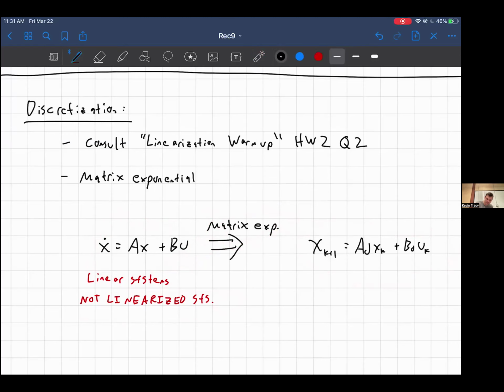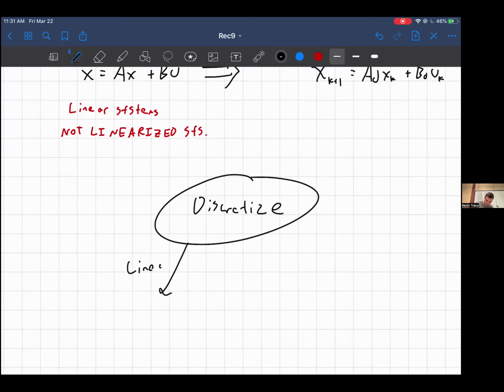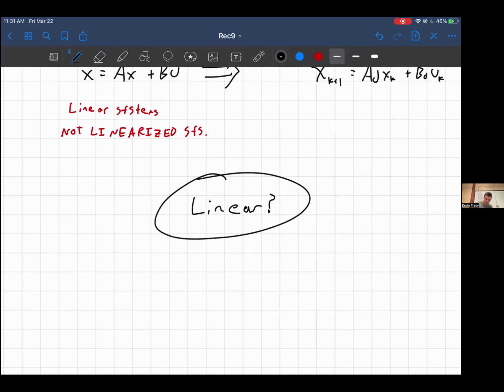Instead, here's a discretization flow chart. How do we discretize nonlinear systems, or systems in general? Is the problem linear? If the answer is yes, then, actually, I will be a little more specific.